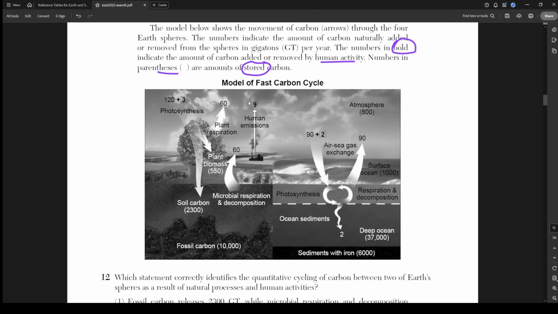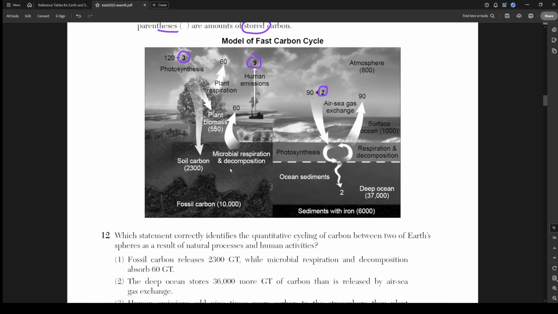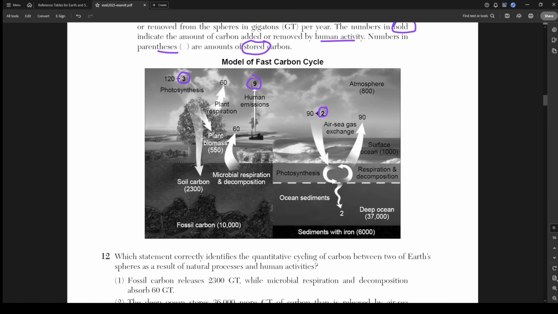So we're adding here, we're adding here, we're adding here. Oh no, we're adding here. We're removing with photosynthesis. And then we're adding human emissions. Okay, this is a lot. I don't like this graph.